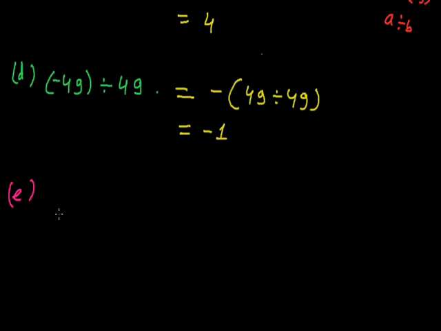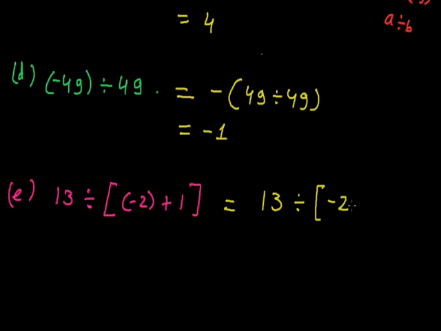Now the E part, 13 divided by bracket minus 2 plus 1. According to the rule of BODMAS, we will first simplify the brackets. In the bracket you have minus 2 plus 1, so the result of minus 2 plus 1 is minus 1.